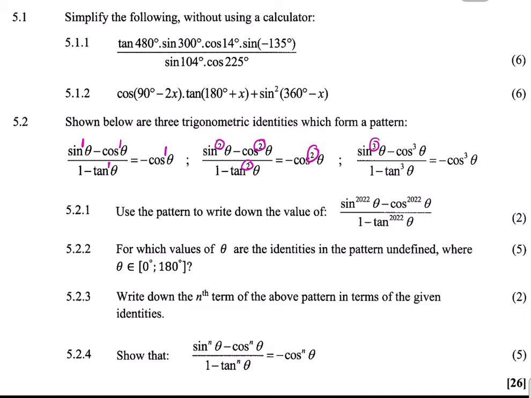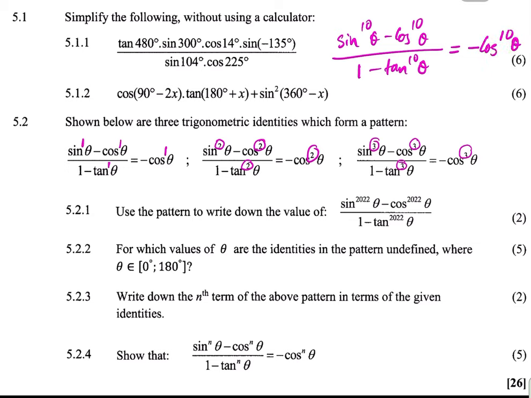And then now you have cubed at this point and also at that point as well. And this should also be here. That means now if I'm to have a sine of the 10th power of theta minus cos of the 10th power of theta, this is going to be over 1 minus a tangent of the 10th power of theta, which is going to give me that negative is there as a pattern, cos to the power 10. This 10 must be maintained in there.